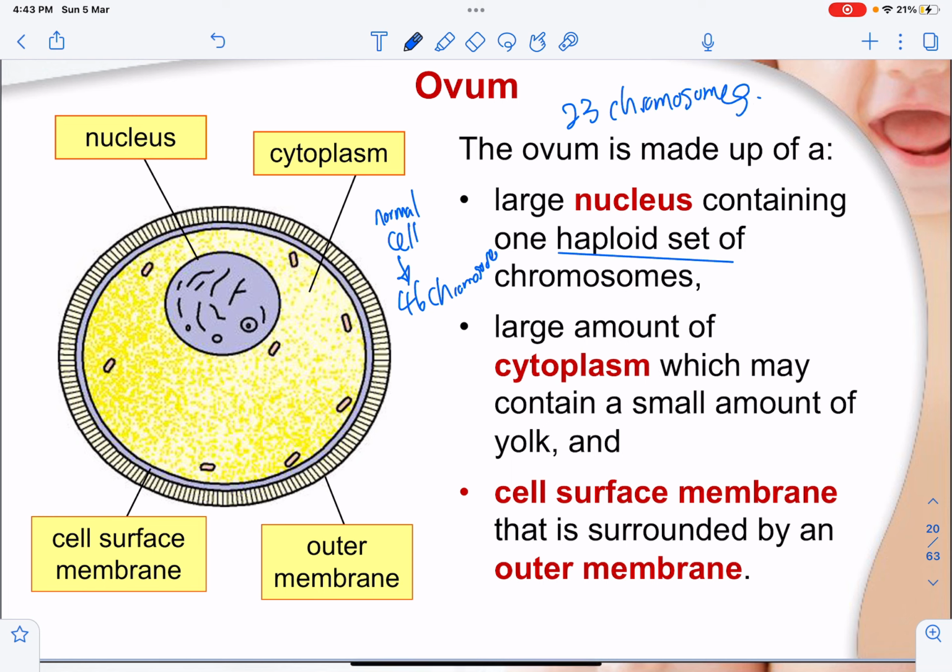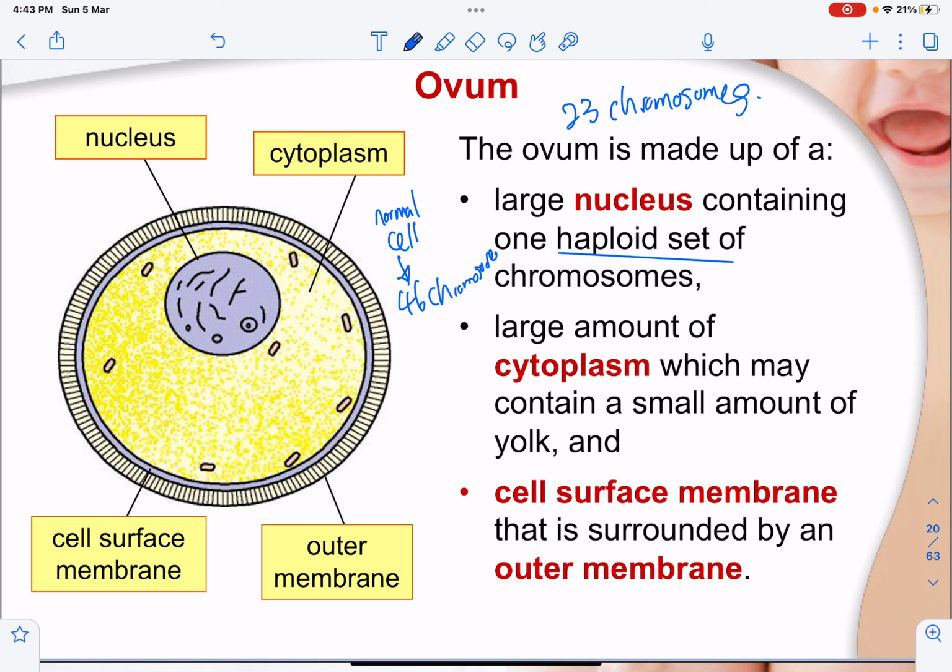Okay. So why is it half the number? Because later on during fertilization, 23 chromosomes from the ovum are fused together with the other 23 chromosomes from the sperm. When this fusion comes together, it will form 46 chromosomes.